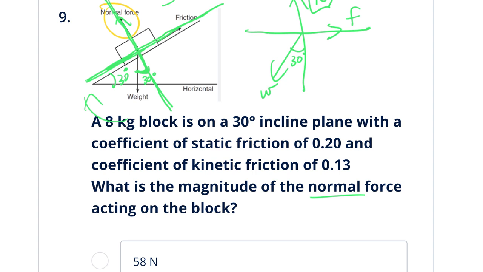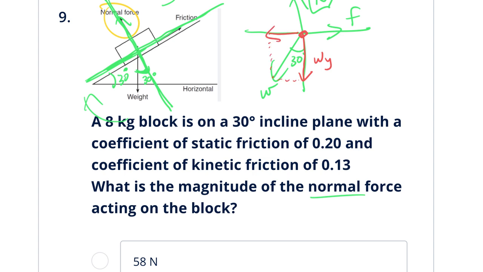And if we look at this, the normal force is simply going to equal the y component, because the net force perpendicular to the ramp is 0, so the forces have to balance. Normal force has to balance out with Wy.